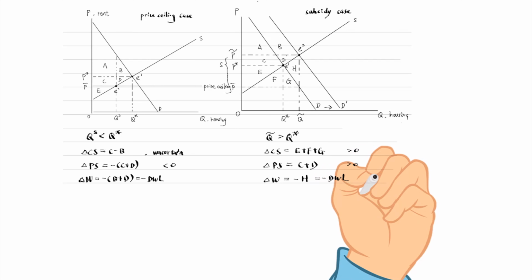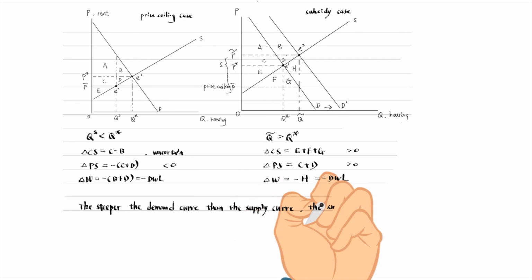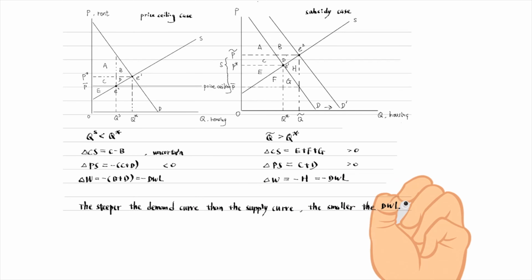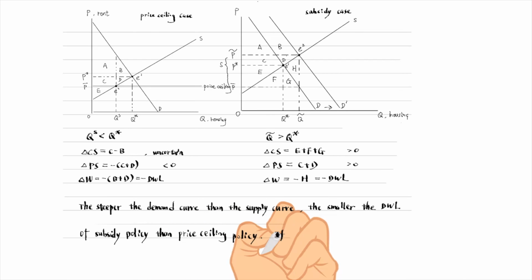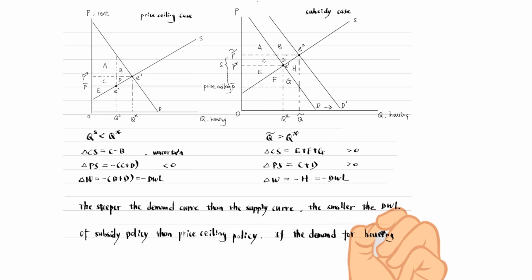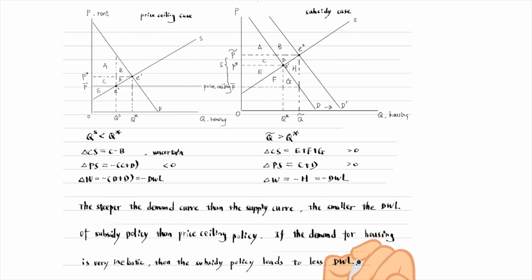The steeper the demand curve than the supply curve, the smaller the deadweight loss of the subsidy policy than the price ceiling policy. In other words, if the demand for housing is very inelastic, which is often the case in the short run, then the subsidy policy leads to less deadweight loss.